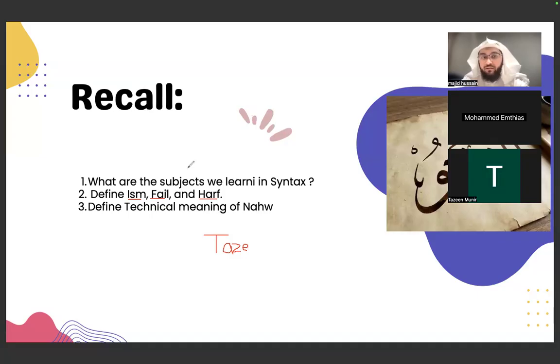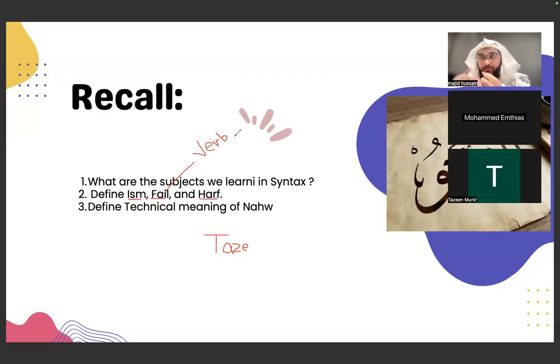Then we had fa'il. Fa'il refers to verbs. And what does that mean in the subject? It's basically an action when put into a sentence. Basically a word which governs its own meaning, plus it requires tenses.